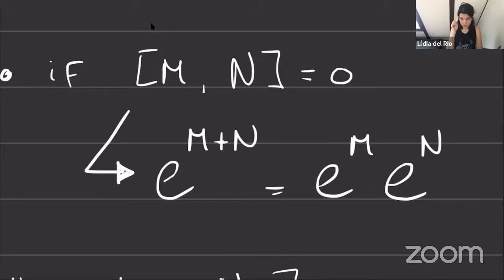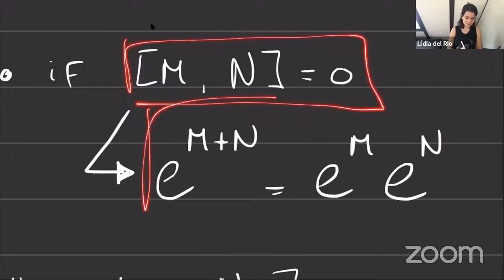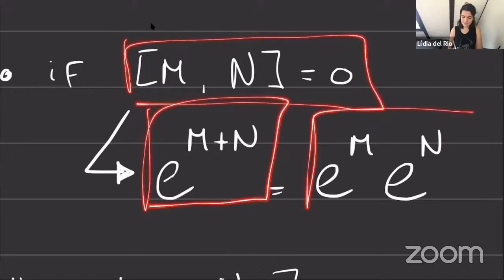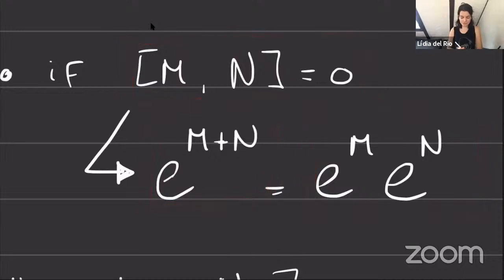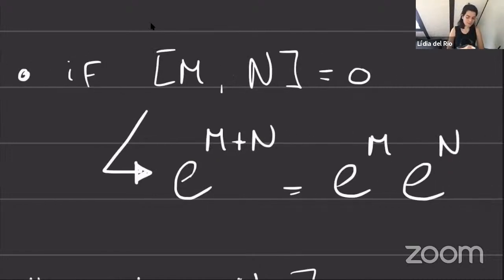Good. What you saw in the tutorial, this is tutorial 3, so you can go back and watch that if you haven't yet, is that if two matrices commute, then the exponential of the sum is the product of the exponentials, just like for complex numbers. If they don't commute, then there's a bunch more terms that can get very complicated very quickly, but we don't look at this case.